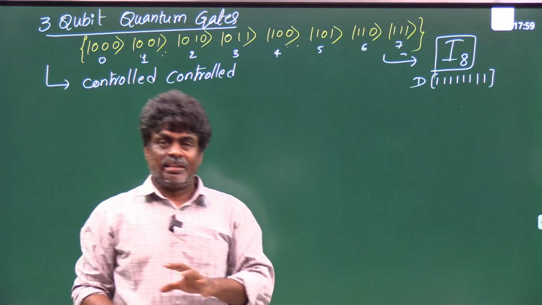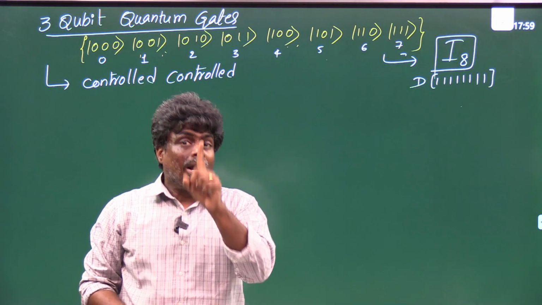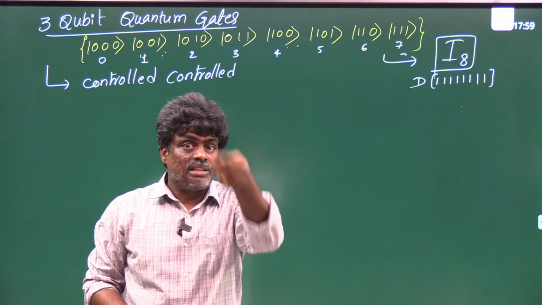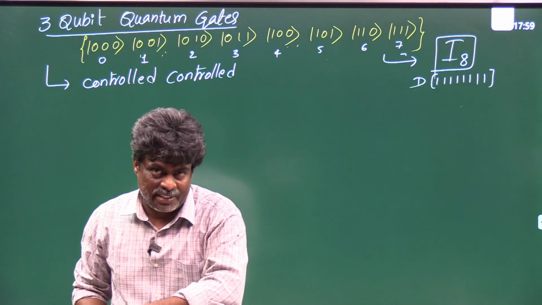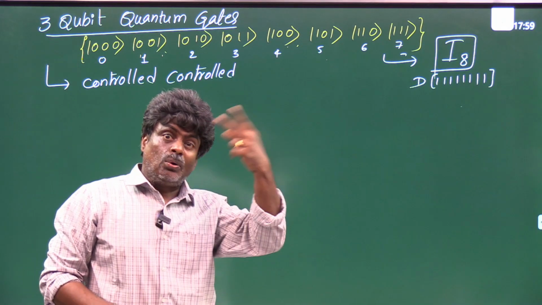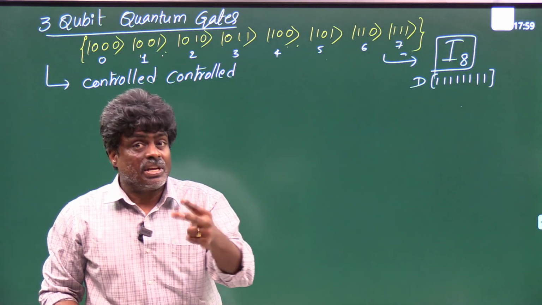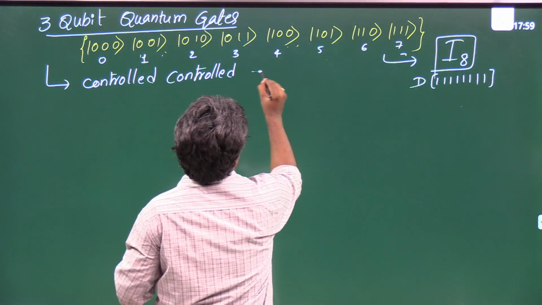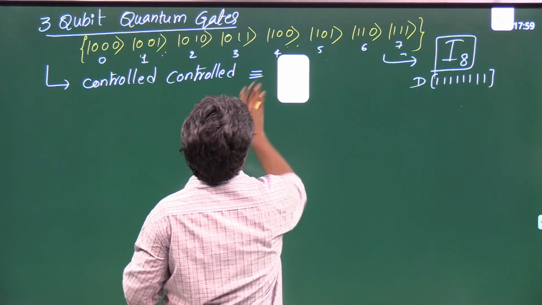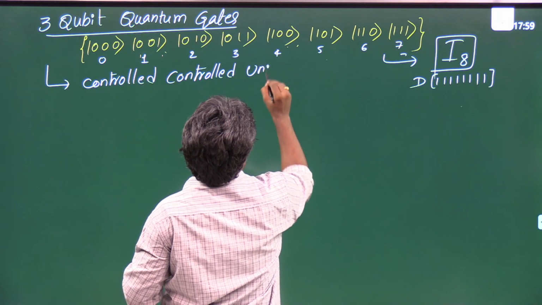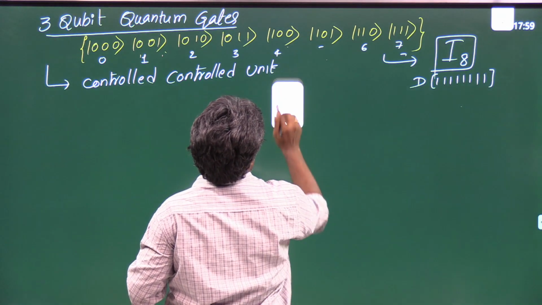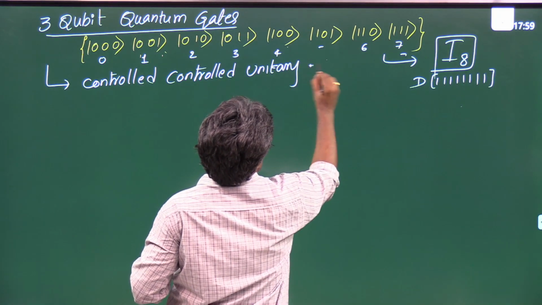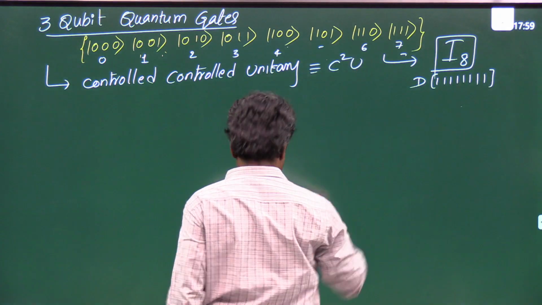Earlier, in controlled U, 1 control bit was controlling the value of the target. Here 2 control bits are changing the value of the target. So this is represented by controlled unitary, which is a C square U.